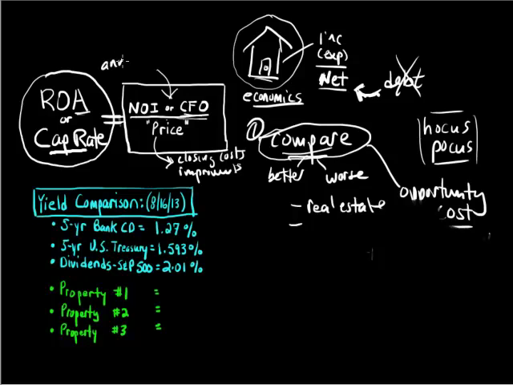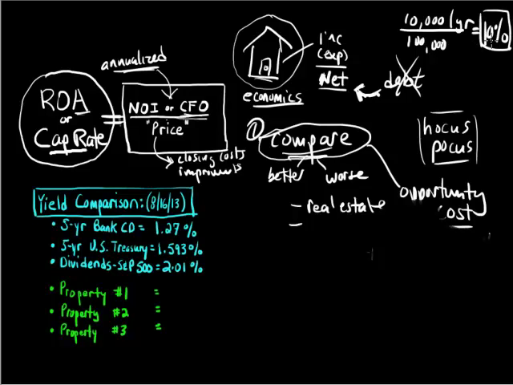This is annualized, and that's a pretty common theme for any ratios you're looking at in the financial world, an annualized ratio. So the amount of money you make every year divided by the price is your return on asset, or your cap rate. So just as an example, if I made $10,000 in my net rent for 1 year, and I invested $100,000 in the house total, my cap rate is 10%.